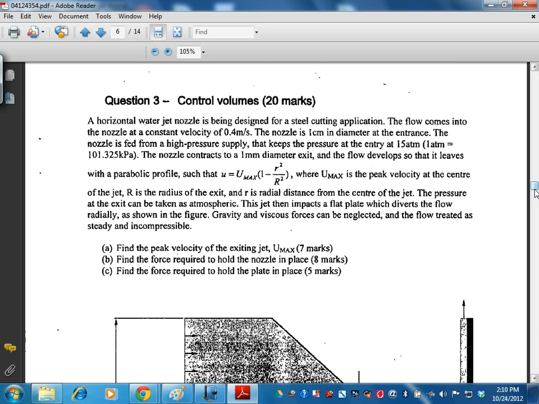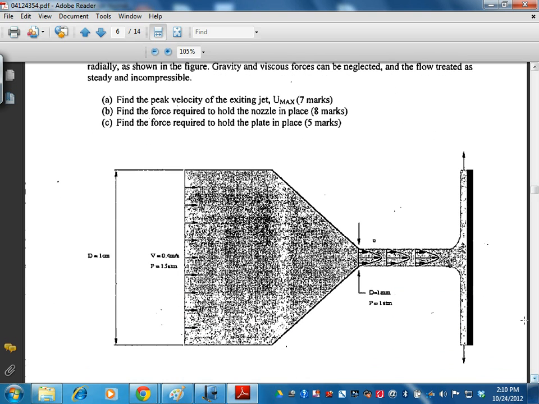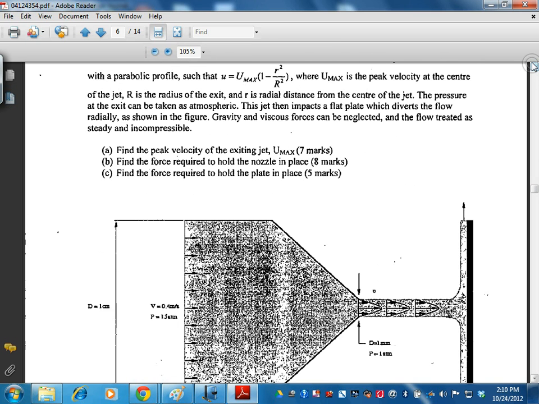Okay? So in this case, water goes through a nozzle, a water jet nozzle for steel cutting application. If you concentrate your jet to a very strong velocity, you can actually erode the steel. You can cut steel and plastics and other things.